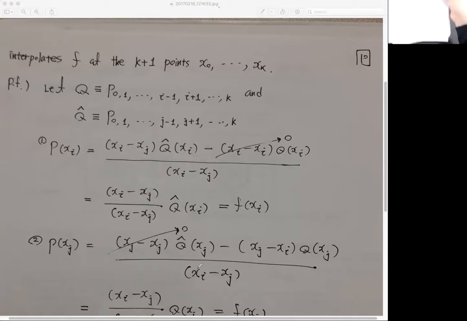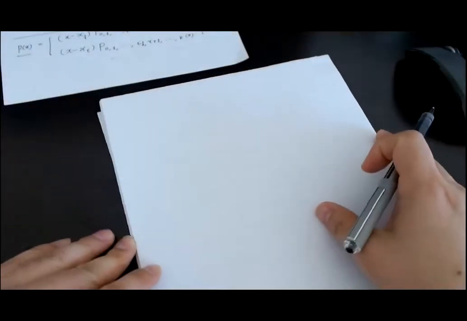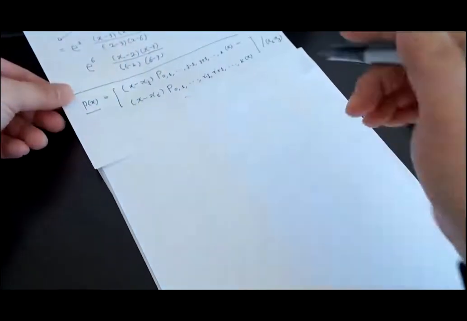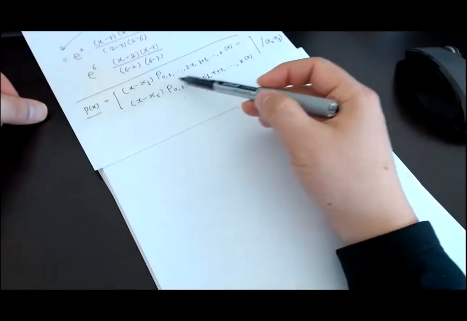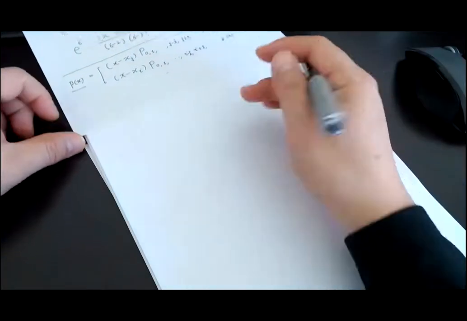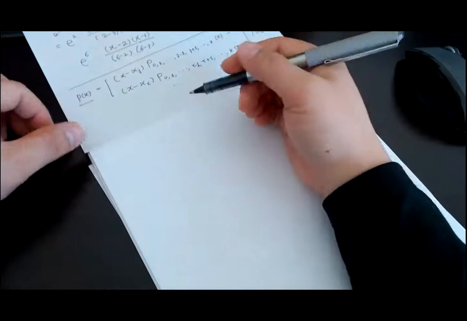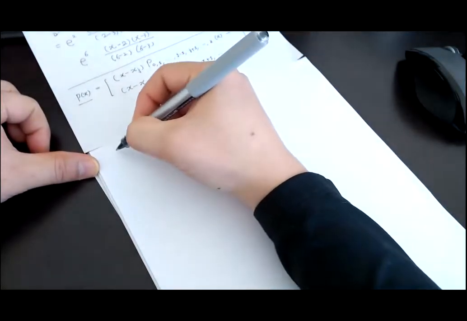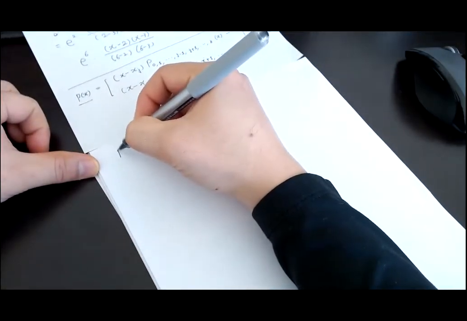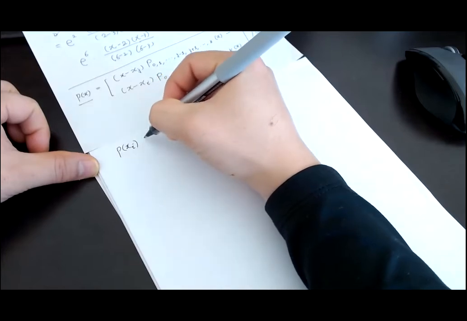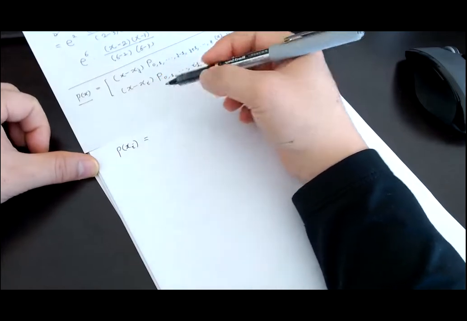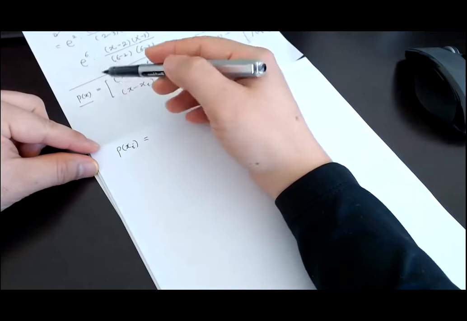Now, P of xi is what? Let me show this in the sketch paper. What was P of x? P of x is this one, right? Then P of xi: plug xi into x.